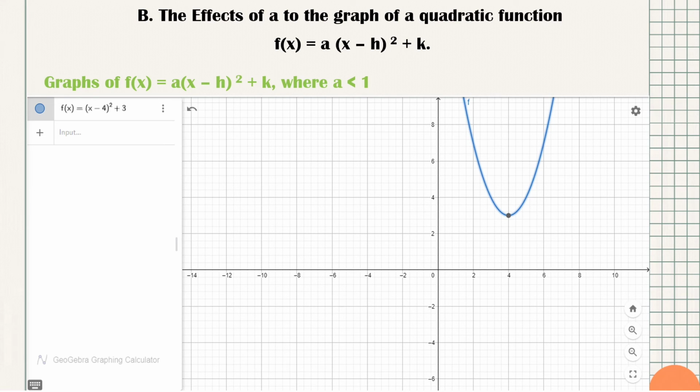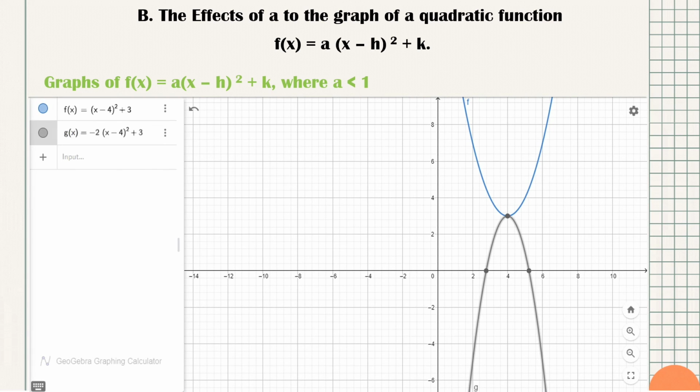And then, let's take a look at what will happen if the value of a is less than 1. So for the second equation, let's have f(x) = -2(x - 4)² + 3. And the graph looks like this.